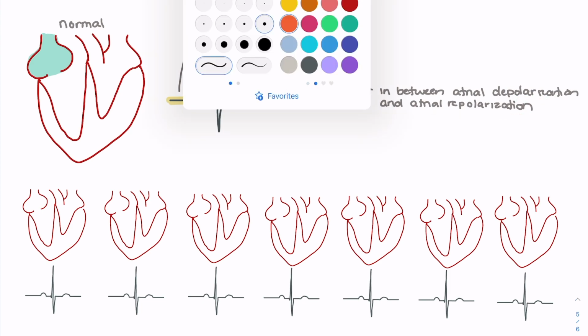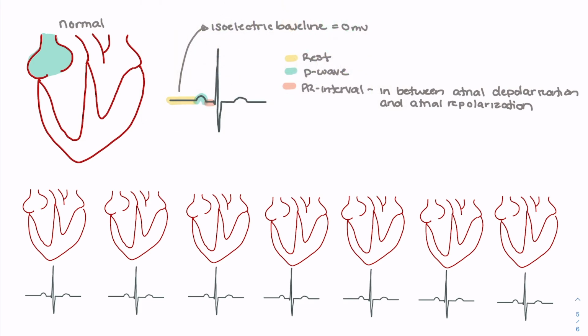The next piece that we can look at is our QRS complex. We know that our QRS complex is indicative of a couple of things happening. One is we're going to start to see repolarization of the atria, and we're also seeing depolarization of our ventricles.